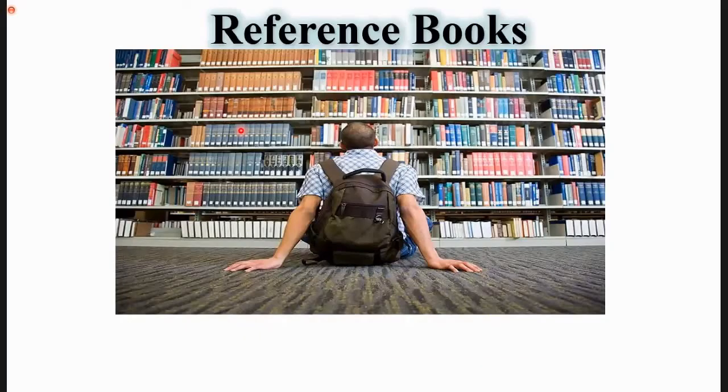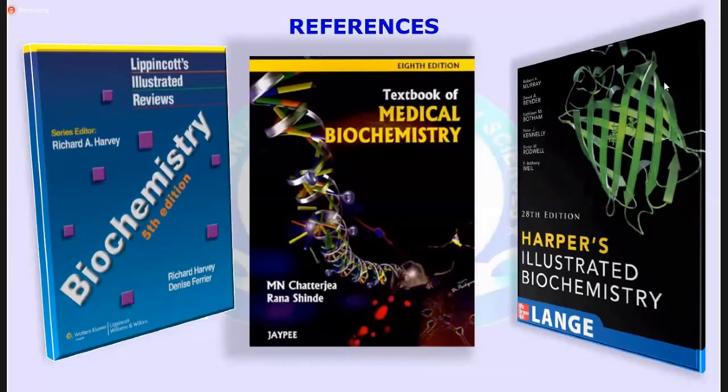Okay, so we have come to the end of our discussion. The chat box is open. The reference books for this important discussion on calcium and phosphate metabolism, homeostasis, and vitamin D are the recommended textbooks Lippincott, Chatterjee, and Harper.